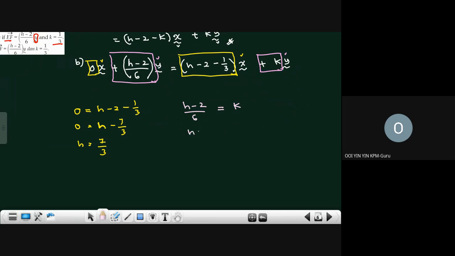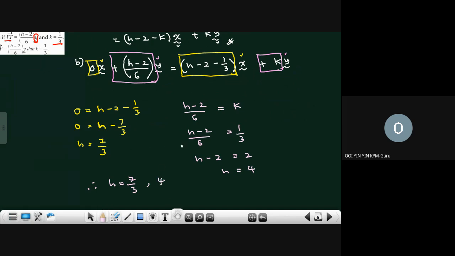That means your H minus 2 over 6, the K, now given in the question, just now, 1 over 3. So now you have H minus 2 equals to 2. 6 moves over, 6 over 3 becomes 2. And then your negative 2 moves here, you get your H equals to 4. So you have to answer your H. One is 7 over 3, the other one is 4.